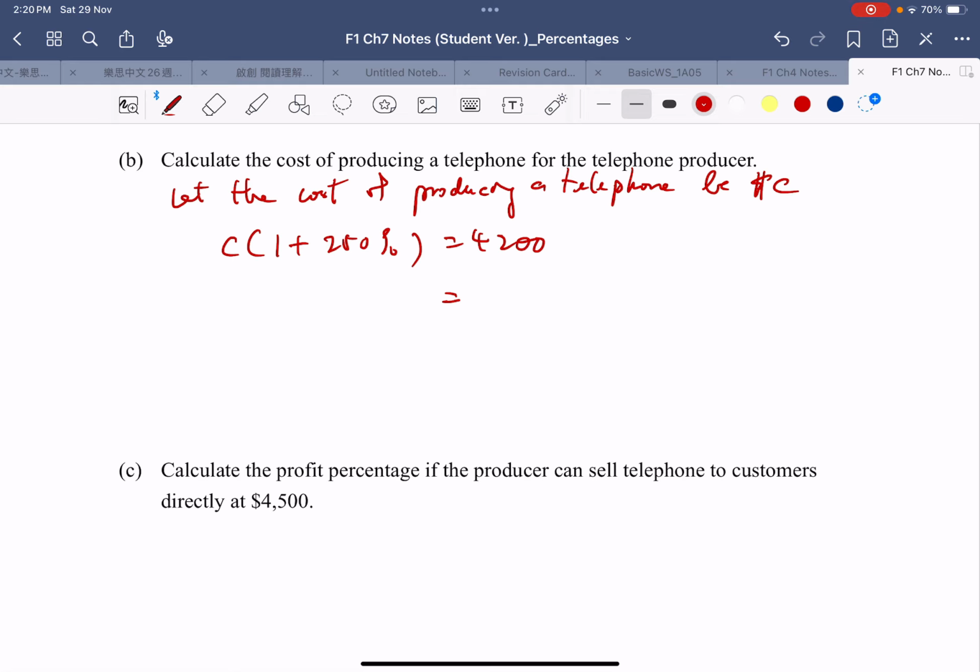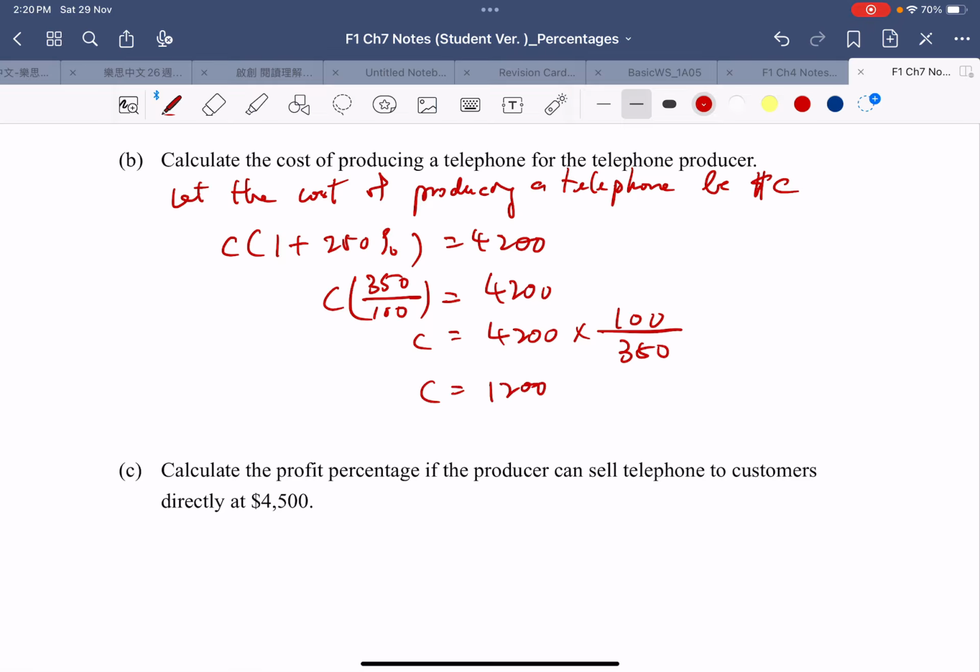So this will be just 300, this number, and then C will be 4200 inverted, and then C would be 1200. Conclusion, the cost is 1200.